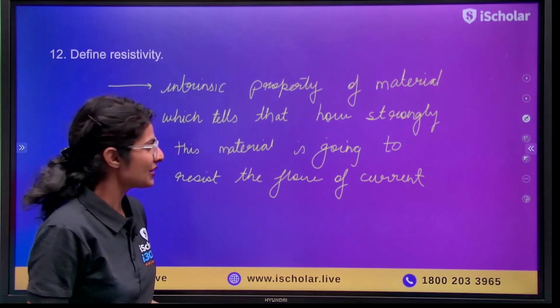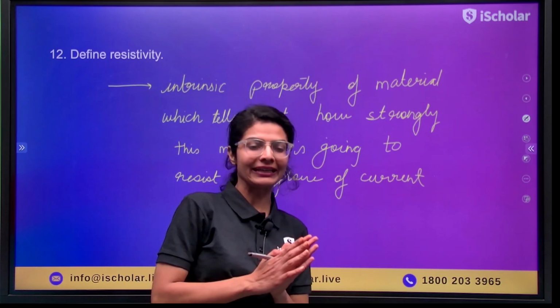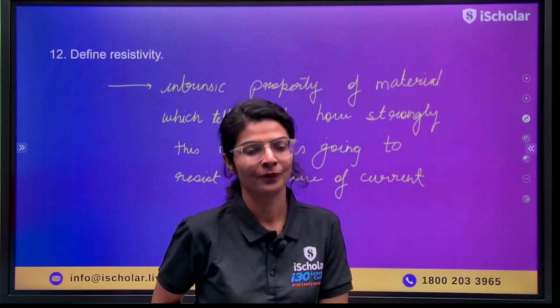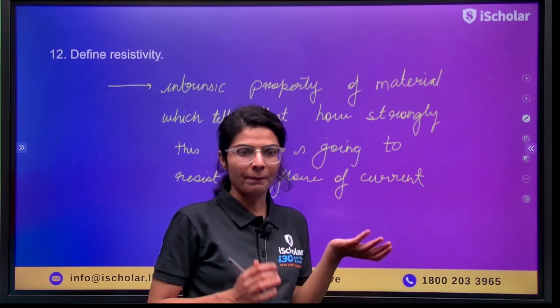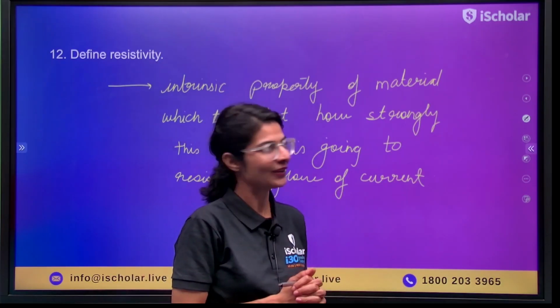Okay, so that is it. Moreover, you can also add one more point, that every material has a different resistivity. So if you have the materials copper and aluminum, both of them would have different resistivity. Okay.